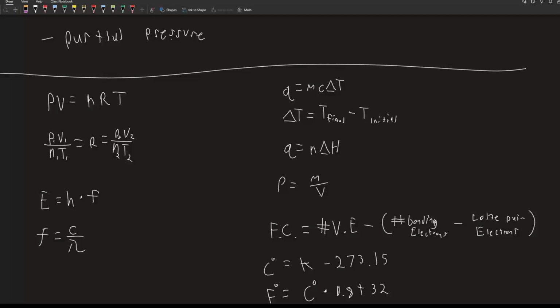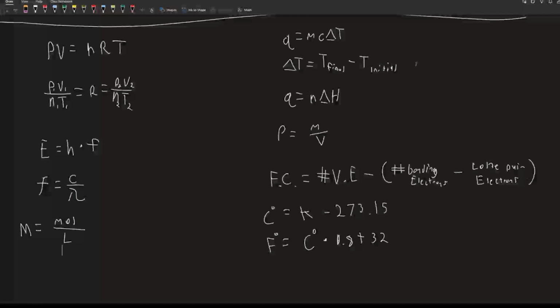Oh, molarity equals moles over liters, I think.